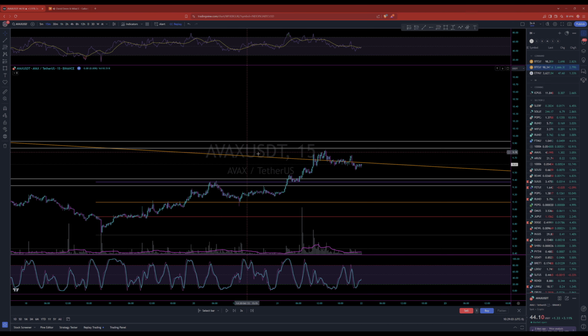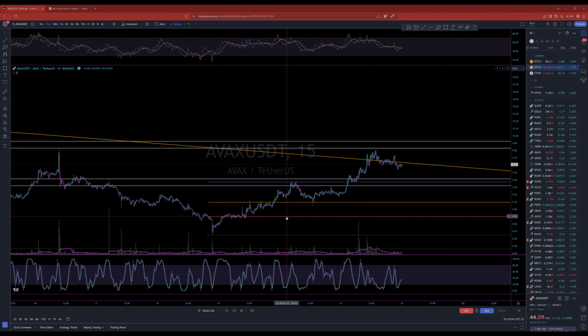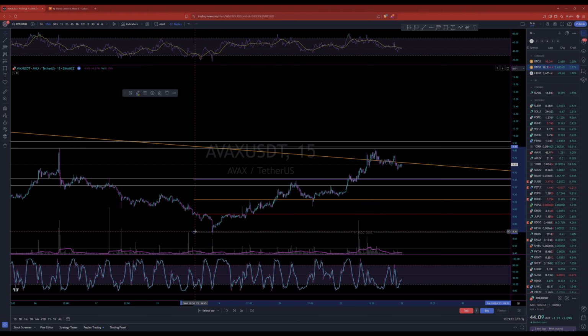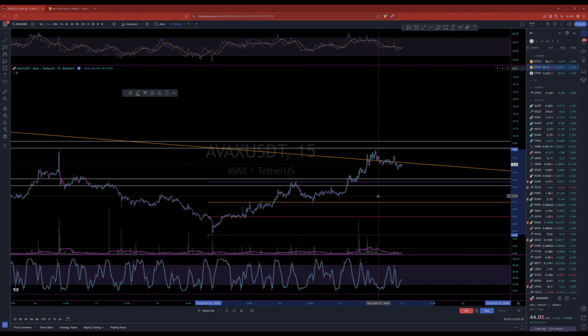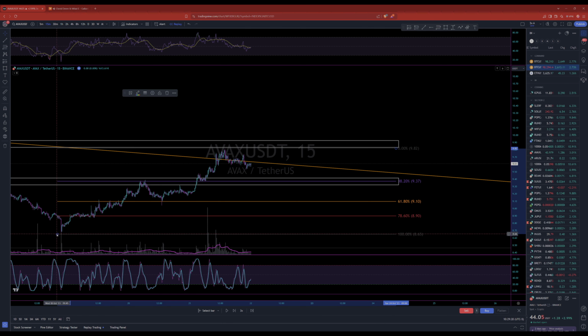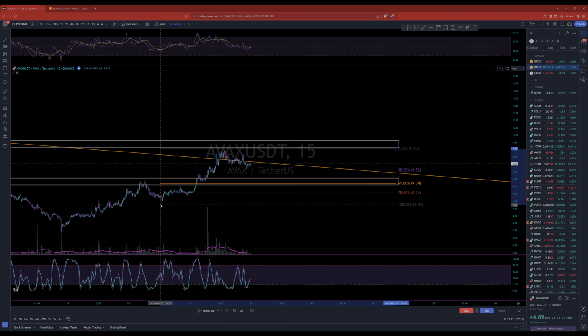So, what's the reason to buy this one? We've identified that top. Whoops, wrong one. Where's the top on this one? Right there, okay. This would have been the bottom for this local, because we're on the 15-minute.